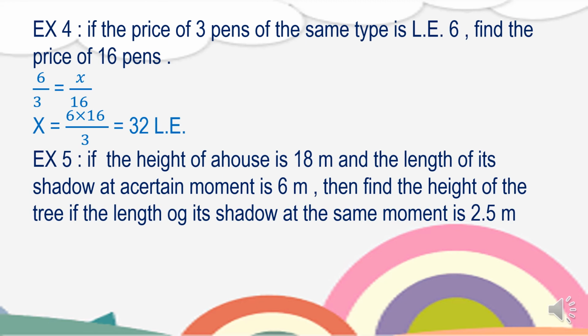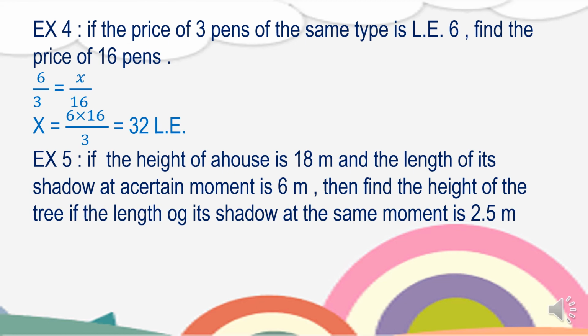Again, the height of the house is the real height of the house. Then find the height of the tree if the length of its shadow at the same moment is 2.5 meters.